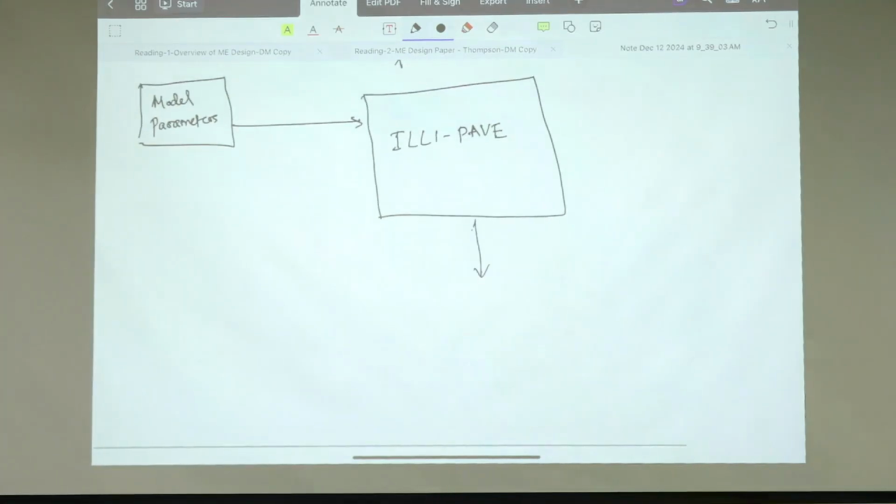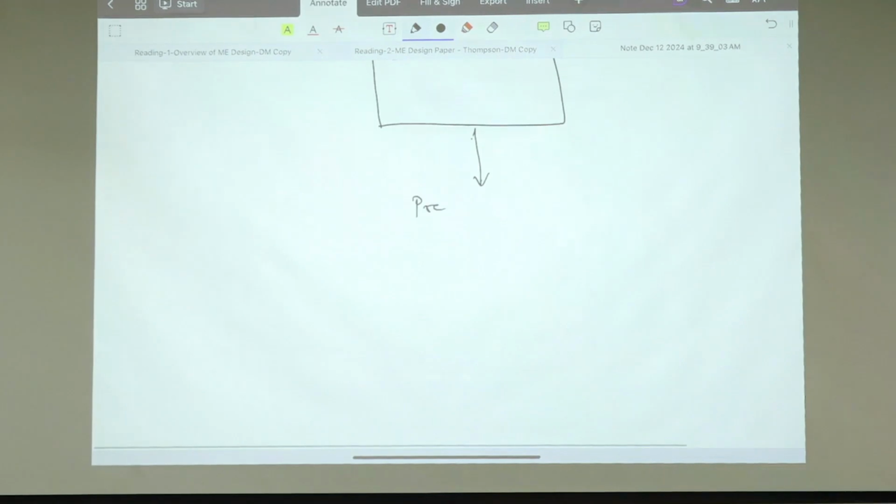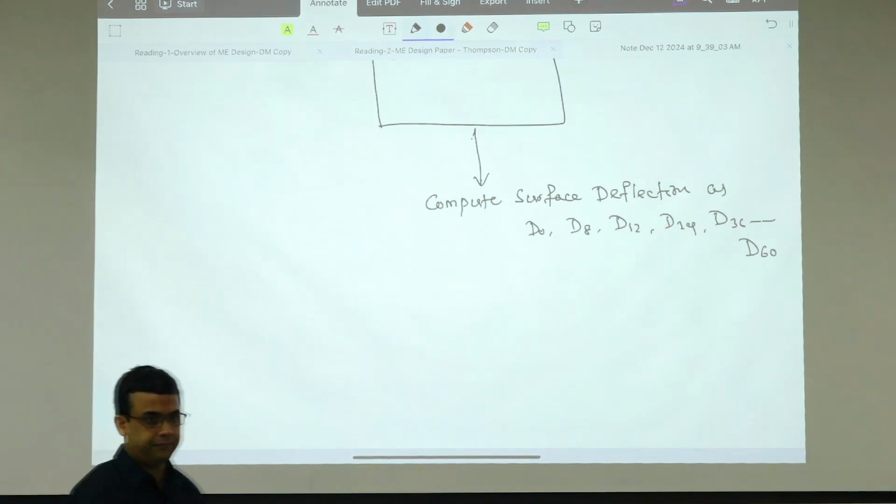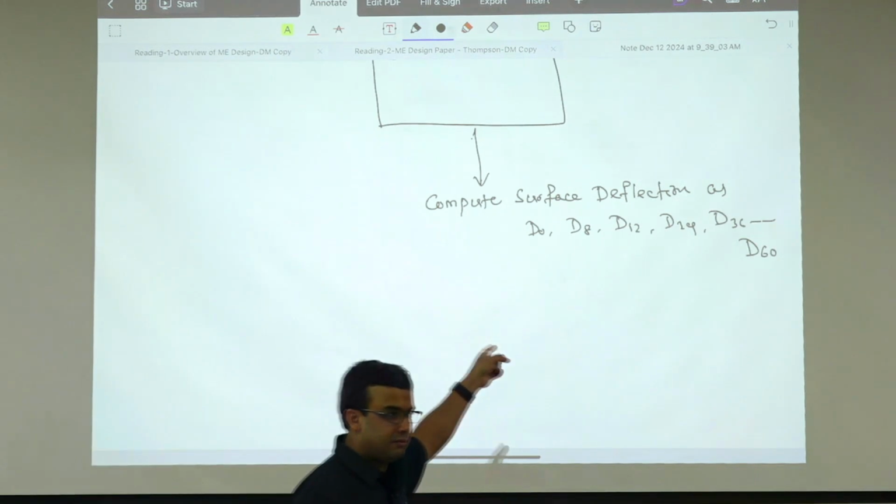You compute, let's not say predict, let's say compute, surface deflection as D0, D8, D12, D24, D36, all the way to D60 or whatever, just like FWD. We have talked about FWD, so you know that, right? So you can do this.